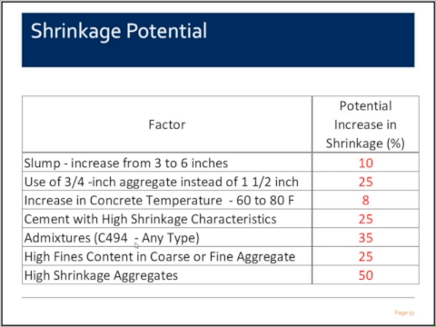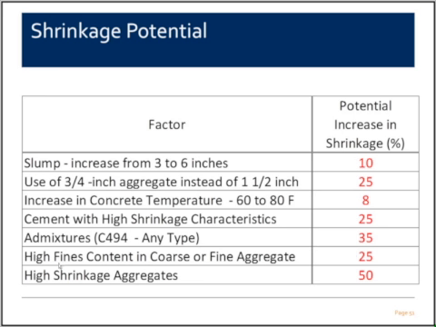Admixtures that we commonly use have to meet the requirements of C494 to be approved for use in concrete. And believe it or not, C494 allows an increase in shrinkage by as much as 35% and still be acceptable. So we can have admixtures in there that are contributing significantly to the amount of shrinkage that we have.